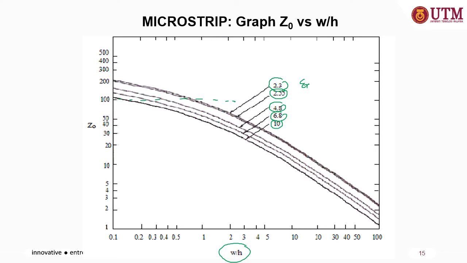For example, if the substrate material used is 2.3 and Z0 equals 100, this is the line for 2.3, crossing there, so you can get the ratio of W over H as about 0.9 something.